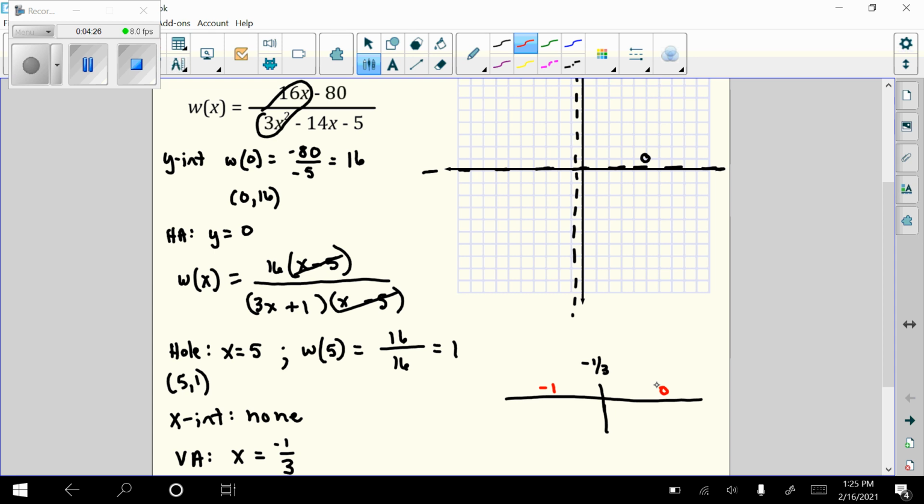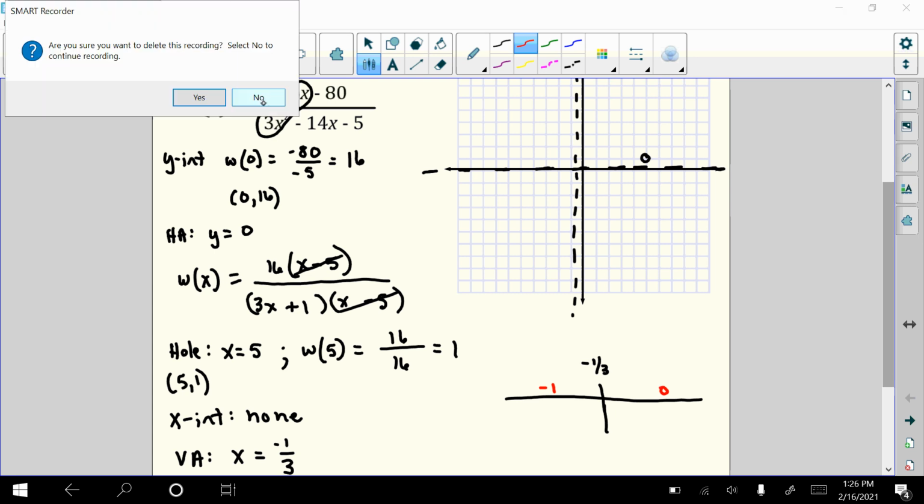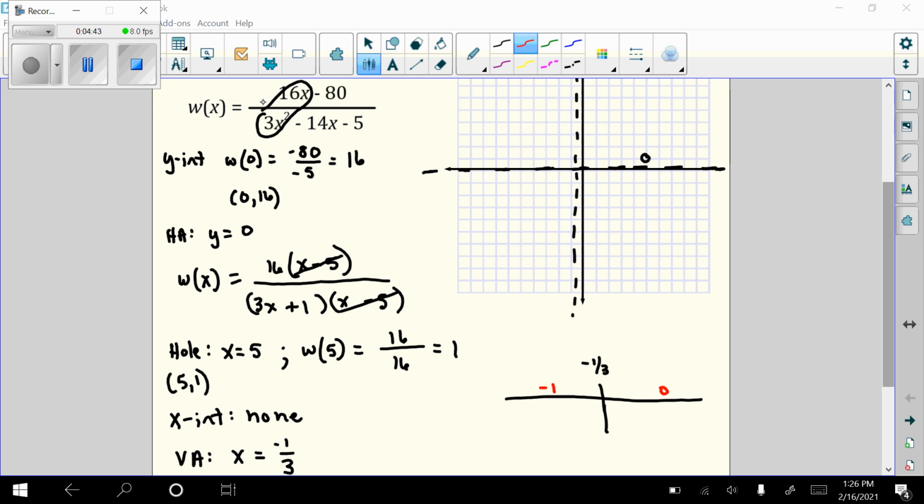If I plug that into my factored equation, let's see, I'm going to get a negative on the top. Nope, I'm going to get a, yeah, so if I use my factored equation, my simplified one over here, that's going to be the easiest one to use.